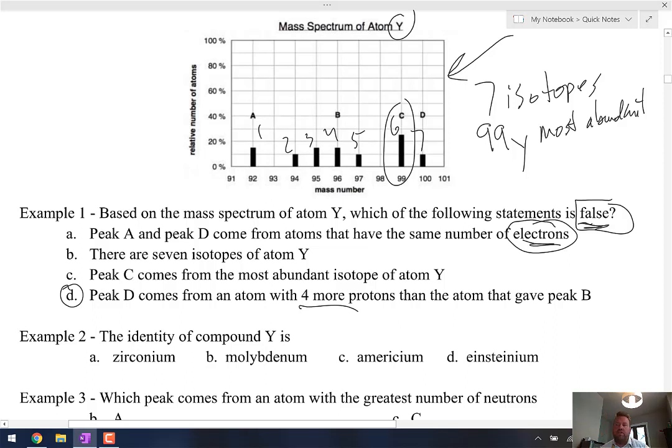So we know that this element, whatever it is, must have a mass between 92 and 100, because remember that when you take all of those isotopes and put them together, you're going to get an average. So if you take all of those masses, and considering that C is the highest, and you averaged all those out, where would you be in terms of the average atomic mass?